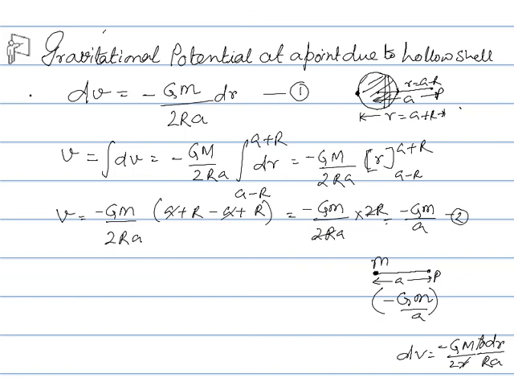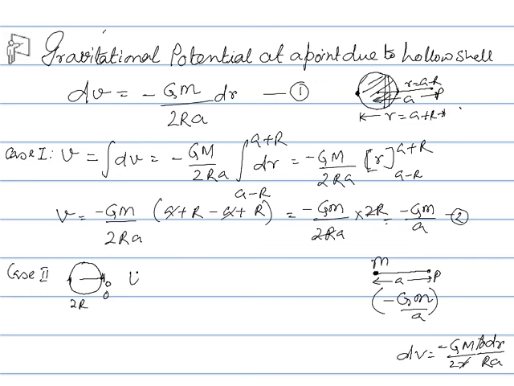Now this is case 1, when the point lies external to the shell. Suppose the point is on the surface of this shell. Here we have to find the potential. Then the value of small r is 0, and when at this point the value of small r is 0, at this point the value of the elementary strip from this point will be 2r.